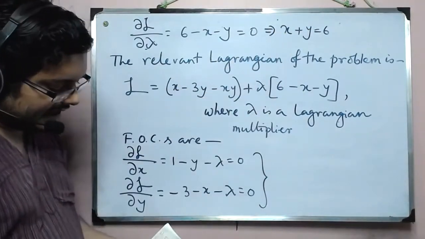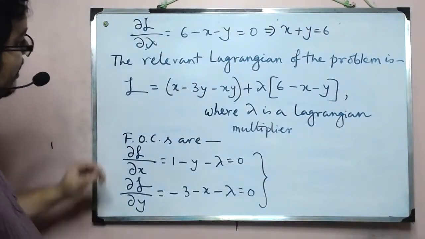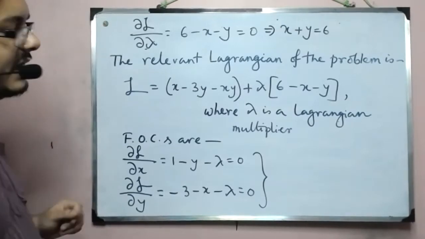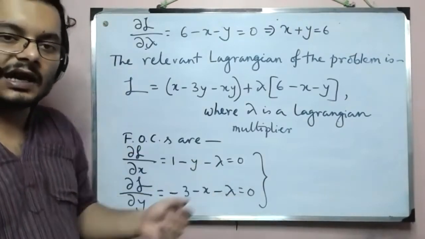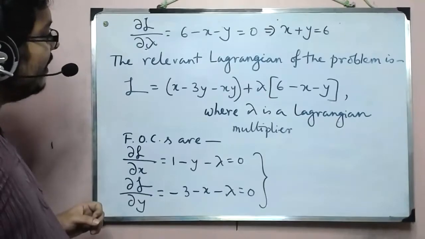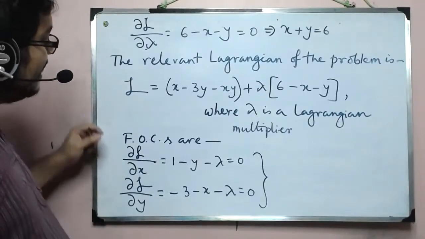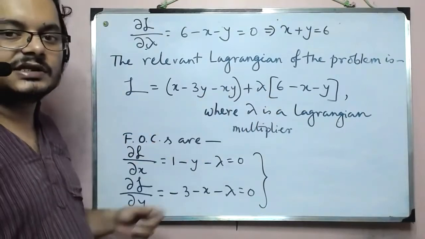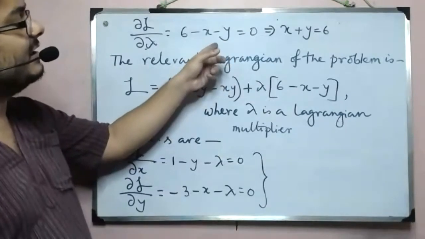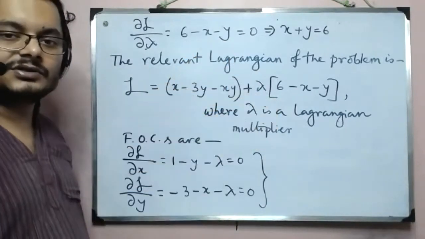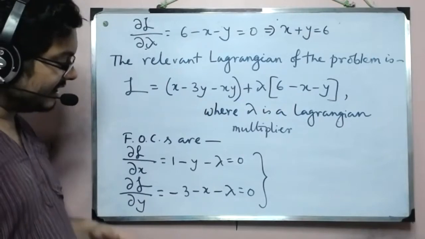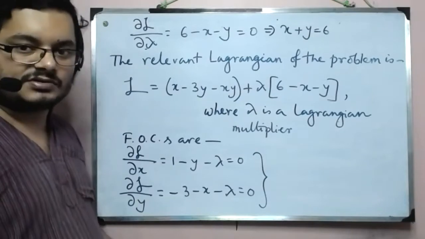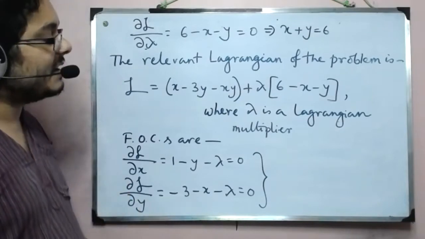So if I simultaneously solve these three conditions and find my x, y, and lambda, then at optimum our solution will satisfy the constraint. That is guaranteed because the third condition is itself the constraint. So there is no problem of having our x and y that do not satisfy the constraint. That problem is resolved.